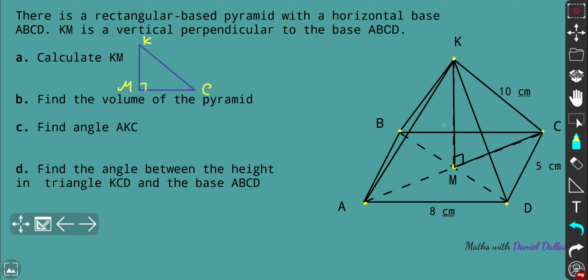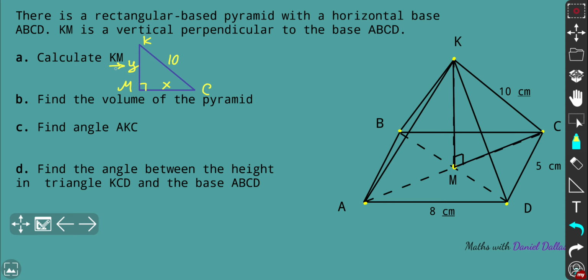So we just take out triangle KCM, it's right-angled. We have 10 centimeters here. We don't know the bottom base MC, so let's mark it as X. And finally, we need to find KM, which we'll set as Y. So KM is simply Y.